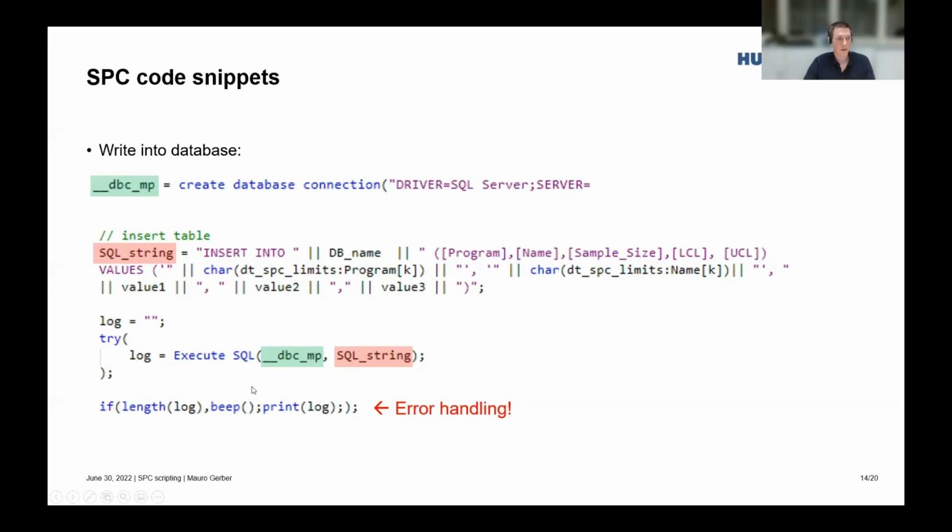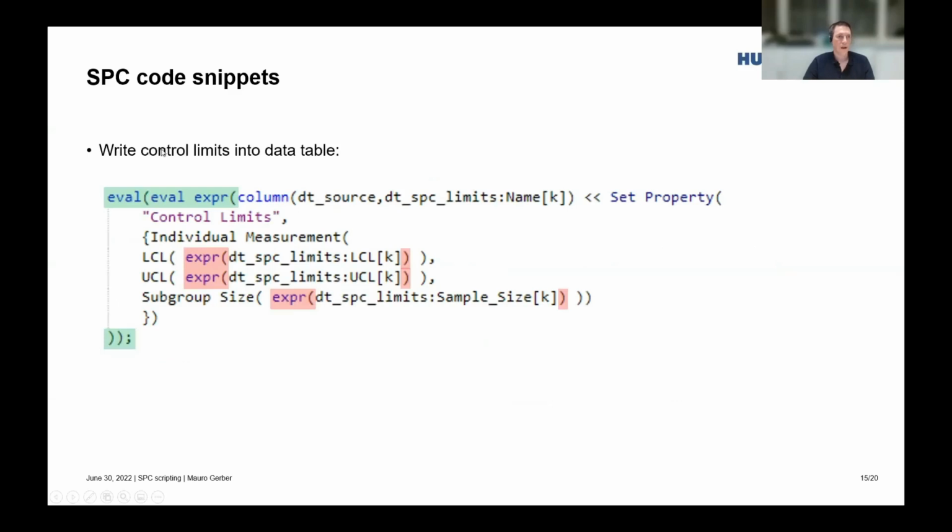What's important is that when there is an error message from the SQL, it beeps me and puts it in the log. So when something is working wrong, I can check it, like credentials are wrong or the connection could not be built up or whatever is possible.